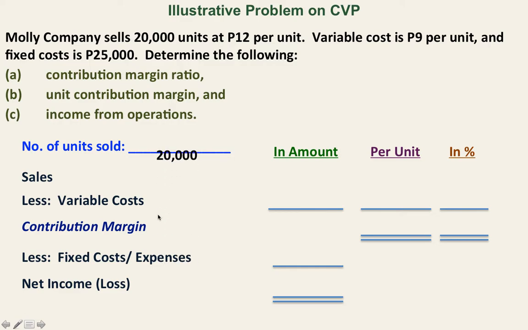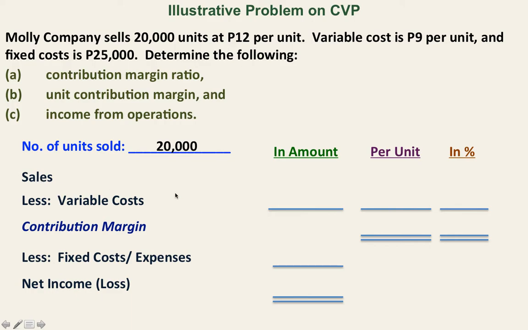Based on this format, we can now put in what are given. Here, 20,000 units sold, we put it there, at 12 per unit.